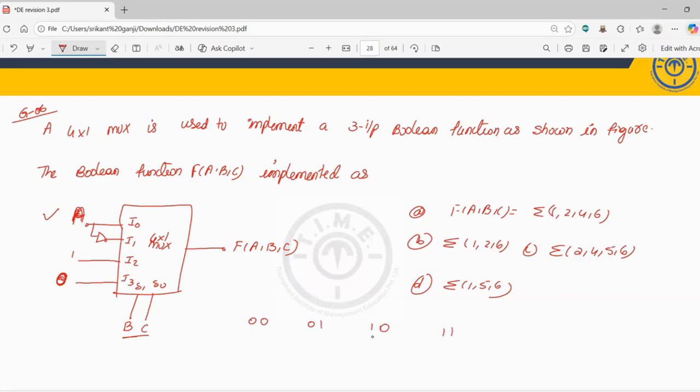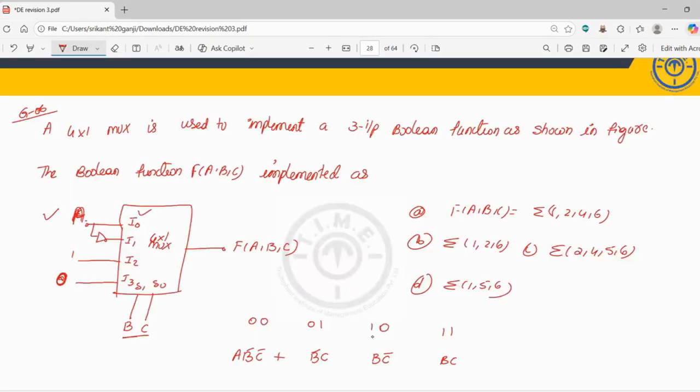I can say that is B bar C bar, B bar C, B C bar, and this one is BC. What are the inputs? You can multiply here. So first of all, A is coming, output I naught. I naught is A, A is coming to the output. So I can say it is A here.